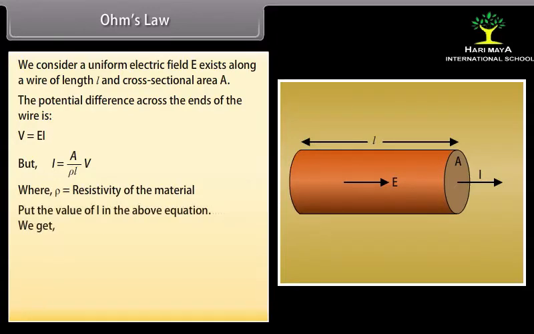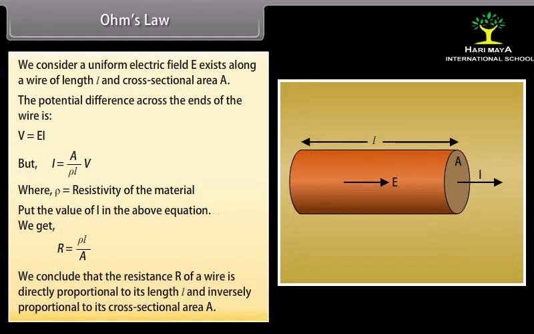Putting the value of I in the above equation, we get the resistance, which is equal to rho L upon A. We conclude that the resistance R of a wire is directly proportional to its length L and inversely proportional to its cross-sectional area A.